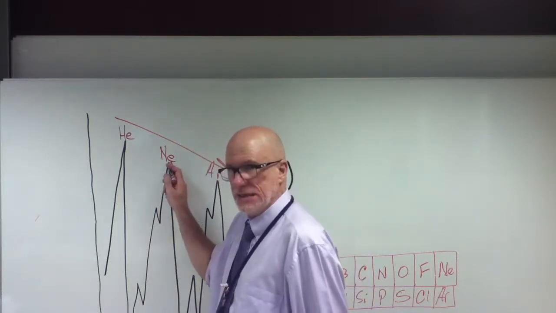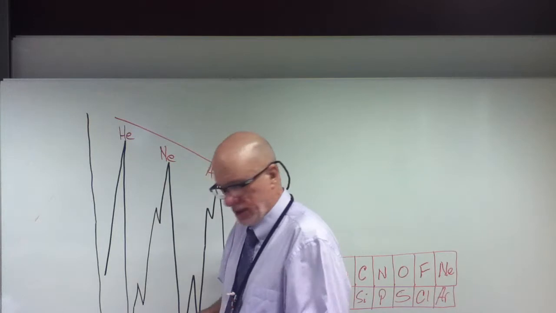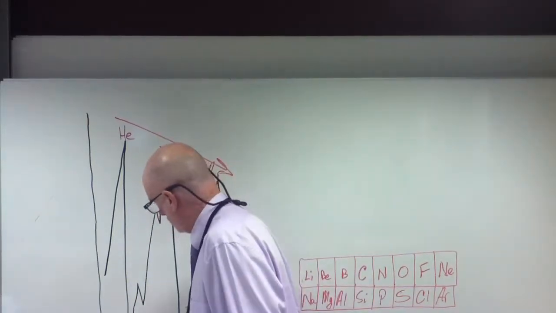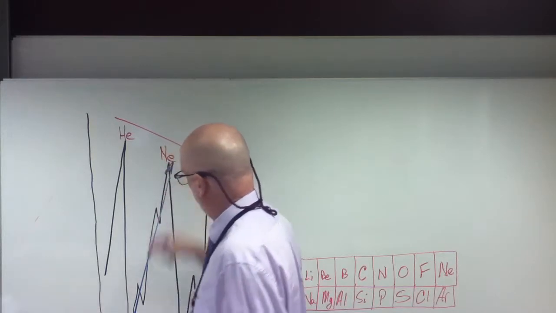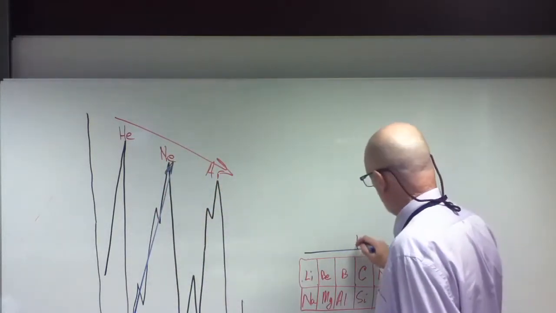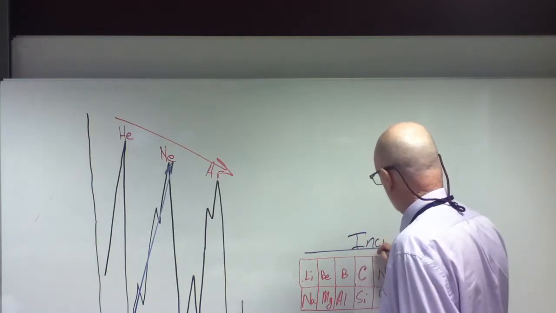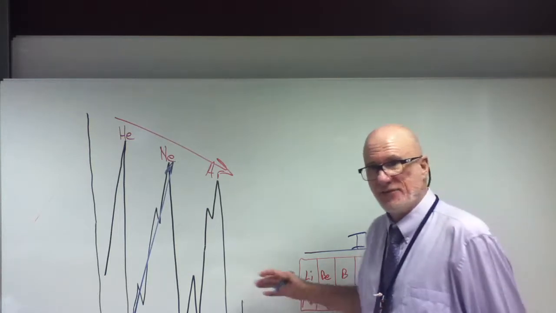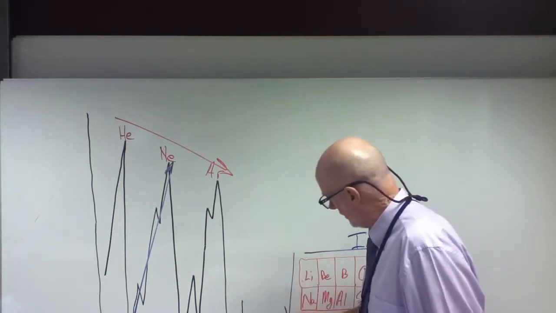So obviously, the trend is that it's going to go up. This is going to increase as it goes from left to right. It's going to decrease as you go down.